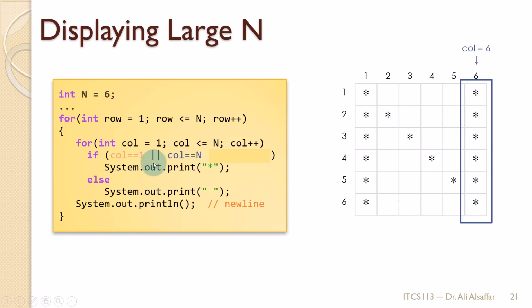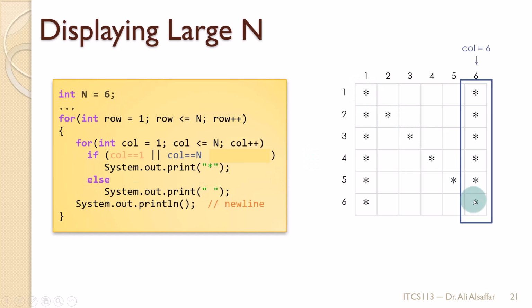So we write or, and we write column equal to n. So whenever column is equal to 1 or column is equal to 6, then we need to print an asterisk. So in the first iteration, when column is equal to 1, it will print a star or asterisk because the condition is true. But when column becomes equal to 2, then the condition will be false because it's not equal to 1, it's not equal to 6. So it will go to the else statement and print a space.